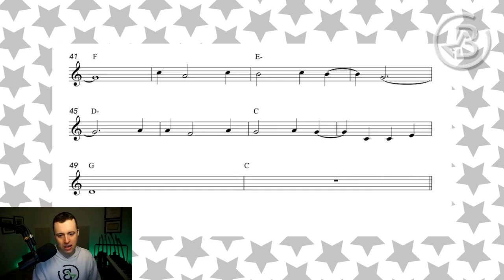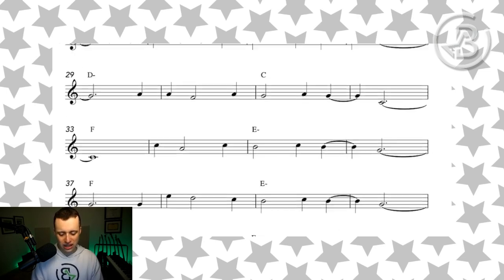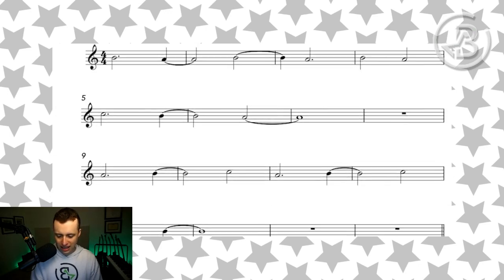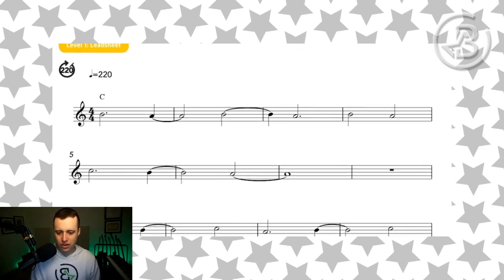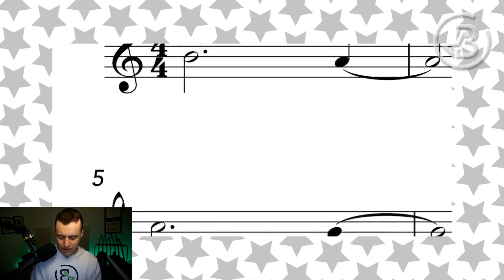Starting in measure 47, we can see that we have a G on the weakest beat that ties into the strongest beat in measure 48, and then we have a couple scale degree ones, but still the scale degrees are really not contributing to tell us the key. But from the key signature and the chords, we have a high degree of confidence that it is in the key of C, and sure enough, it is in the key of C major. So let's start off by doing a scale degree analysis.